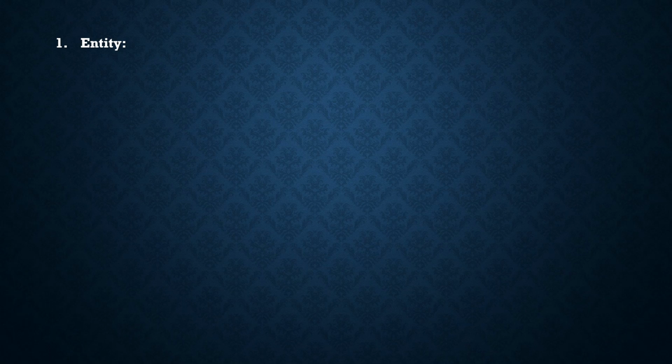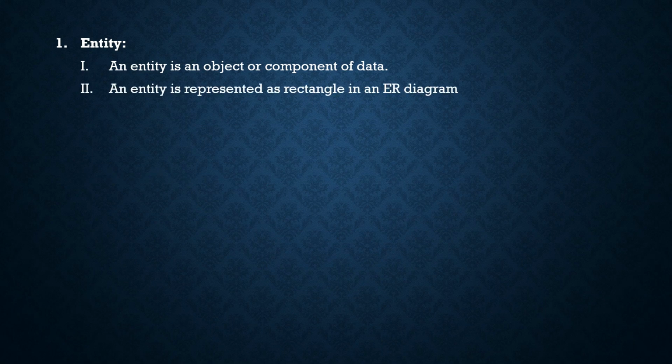So that is entity. So what is an entity? An entity is an object or component of data. It's an object or component of data. It is called an entity. And one more thing, an entity is represented as a rectangle in an ER diagram.